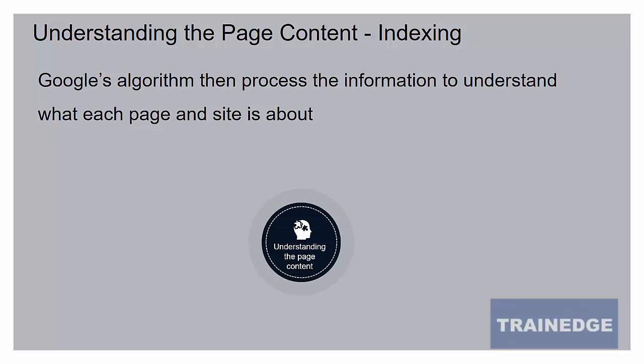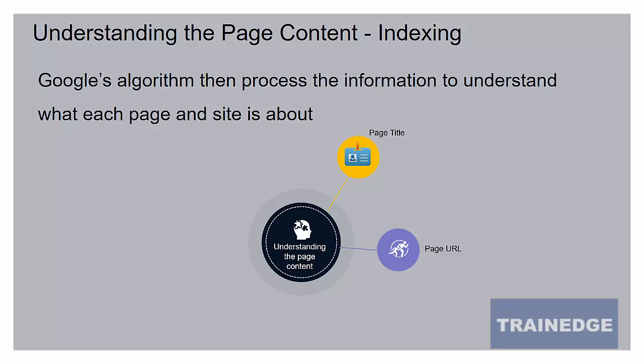So Google uses the page title, what is in the page title, to understand what is the content of the page. It looks at the page URL.